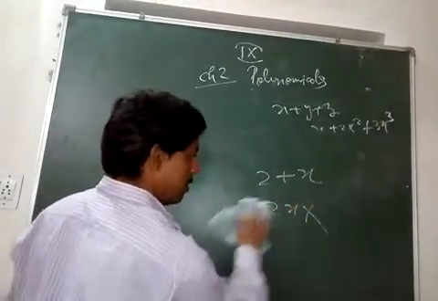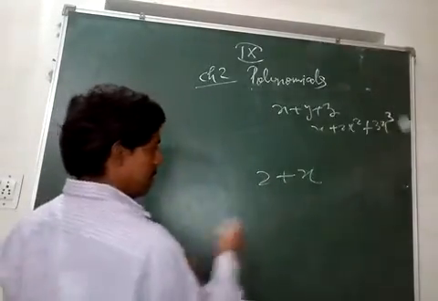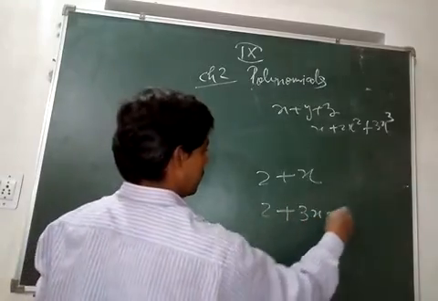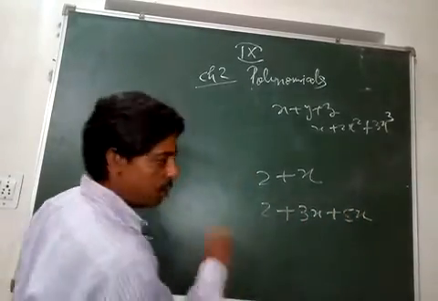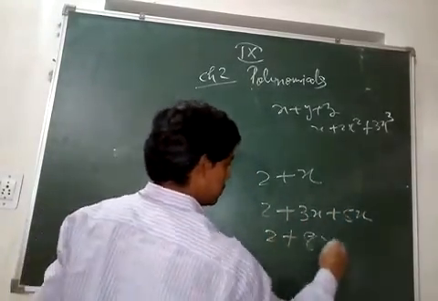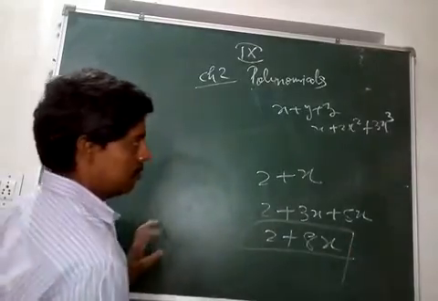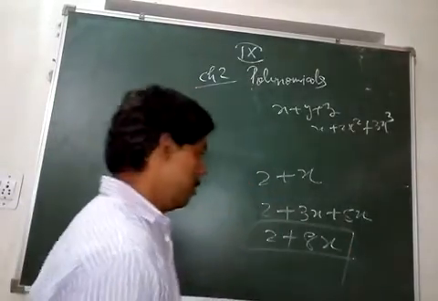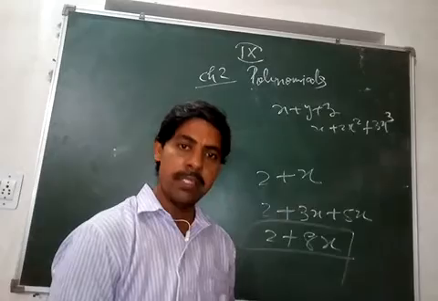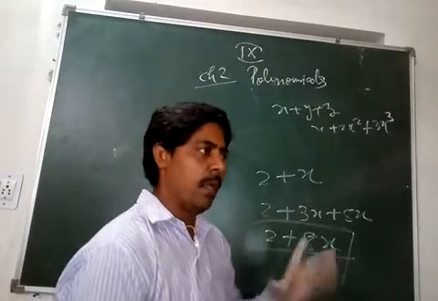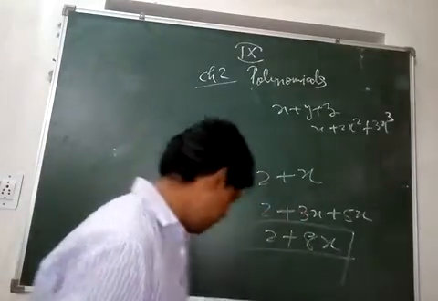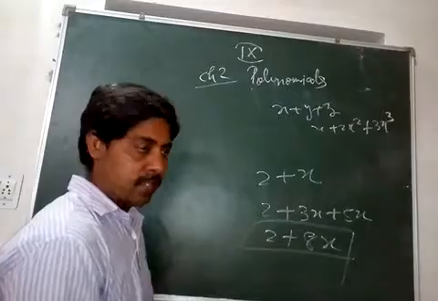This is still a binomial. Somebody says what is 2 plus 3x plus 5x? It's a trinomial? No, it's a binomial because this is 2 plus 8x. So you should know monomial means one term, binomial two terms, trinomial three terms, and after that you write multinomials. Okay, and they are all called polynomials.